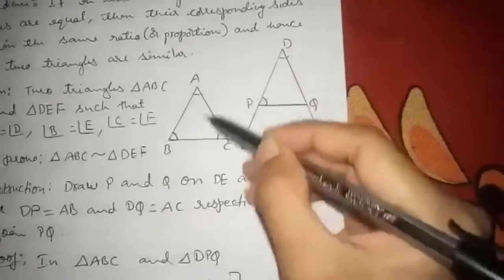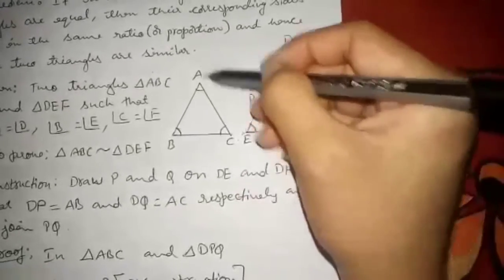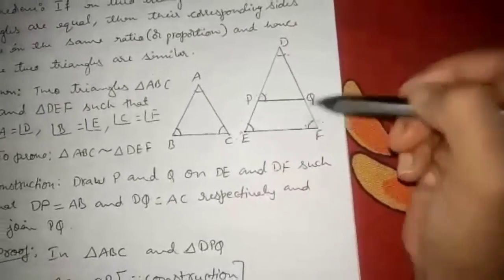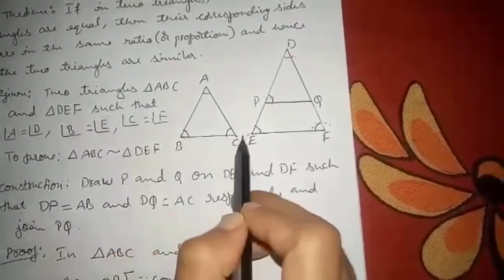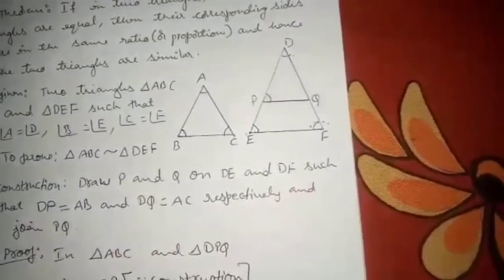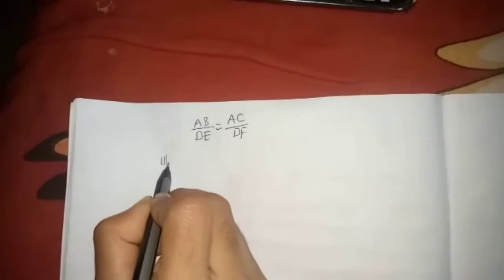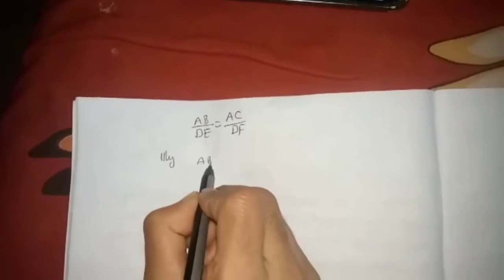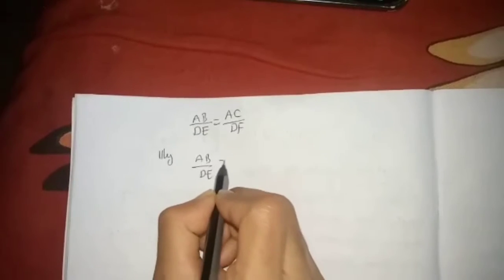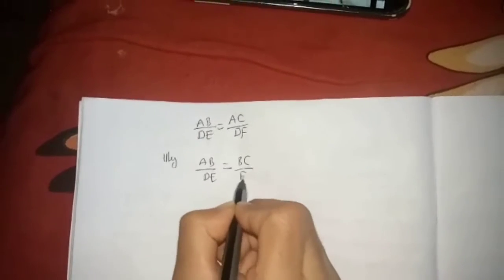So we have got AB by DE is equal to AC by DF, right? Similarly we can say that BC by EF. So similarly AB by DE is equal to BC by EF.